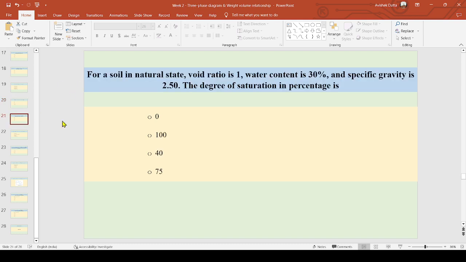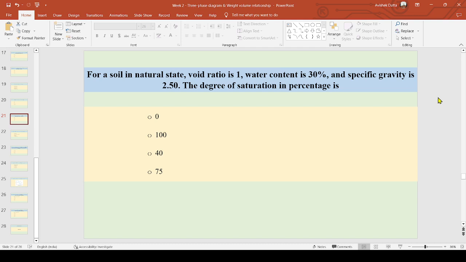Next question. Another numerical. For a soil in natural state, void ratio is 1, water content is 30% and specific gravity is 2.50.